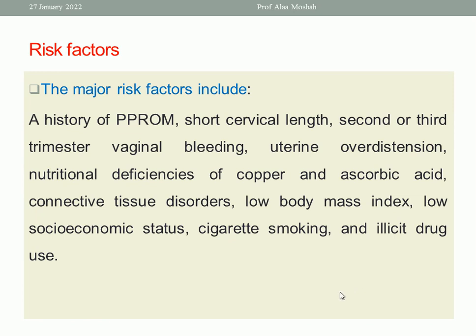Some nutritional deficiency like copper and ascorbic acid is considered a risk factor. Also, low body mass index, connective tissue disorders, low socioeconomic status because of malnutrition and high risk of infection, vaginitis, and badly managed diabetes. Cigarette smoking and illicit drugs are also considered risk factors for PROM.